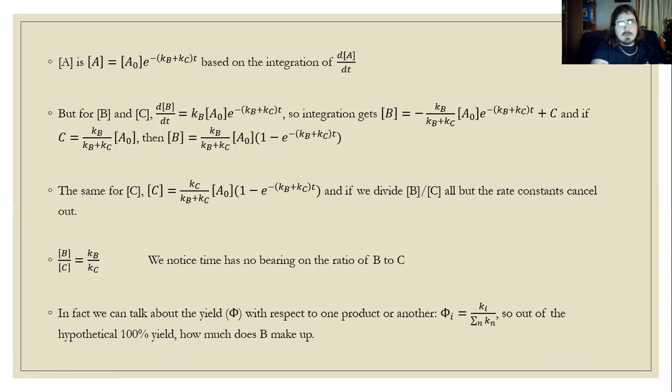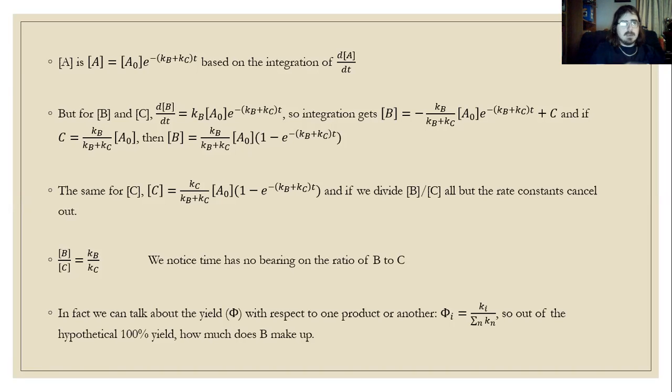And of course, as we'll learn later, rate will have to do with activation energy, and rates will have to do with temperature. So they may fluctuate at different temperatures, which is why you can favor one product over another by favoring different temperatures.